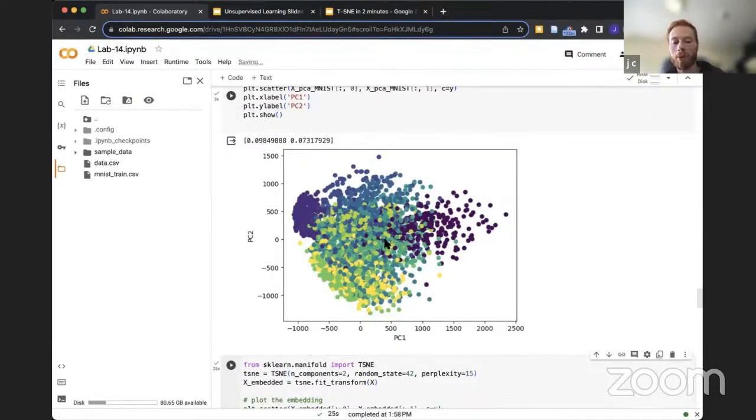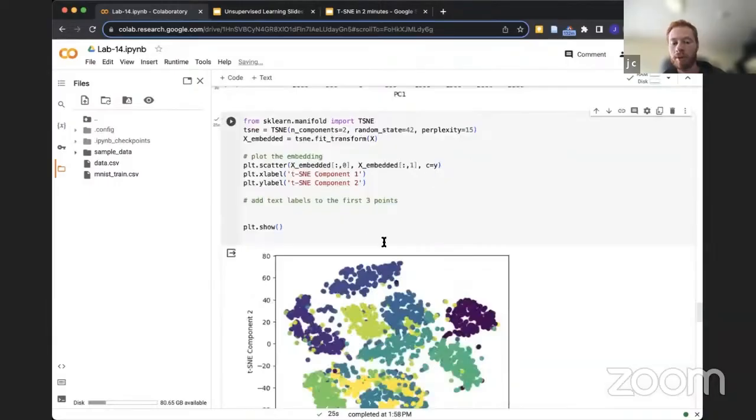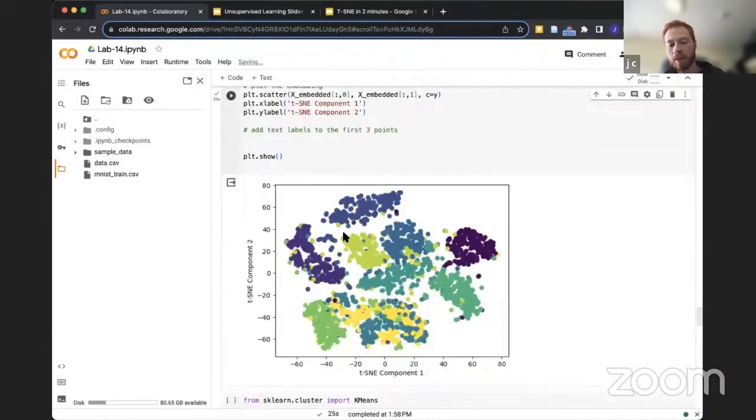Right now we're plotting with the labels. And if we now plot this with T-SNE, we see we are able to get these clusters. There are still some clusters that are a bit mixed, but usually we get much cleaner clusters.